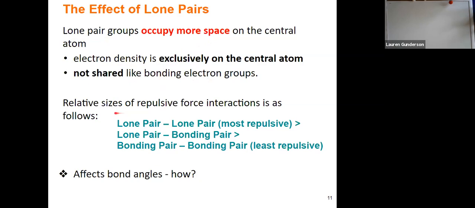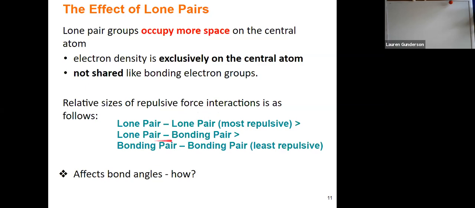So when we're thinking about the different repulsive forces that are happening, you could have more than one lone pair around the central atom, and two lone pairs near each other would be the highest repulsive force because it has the most negativity, right?